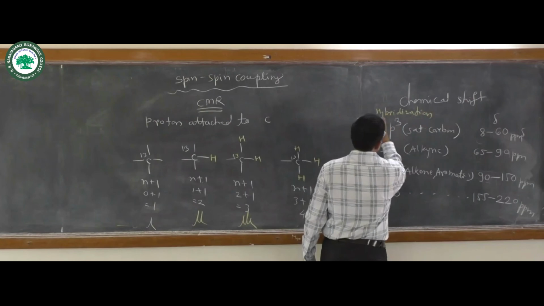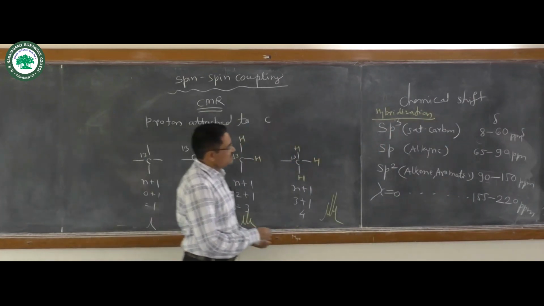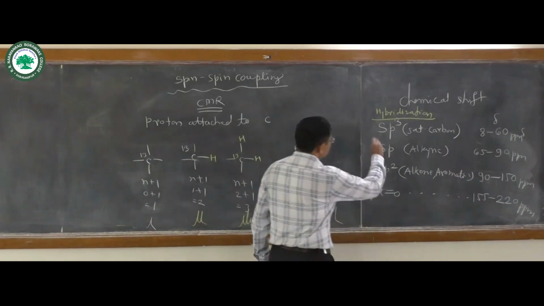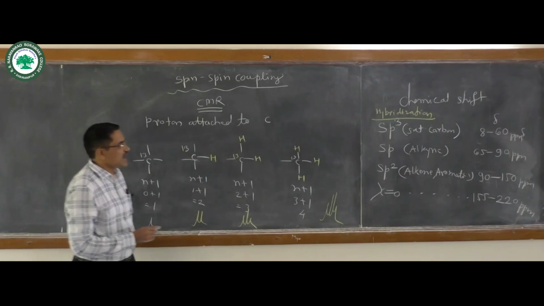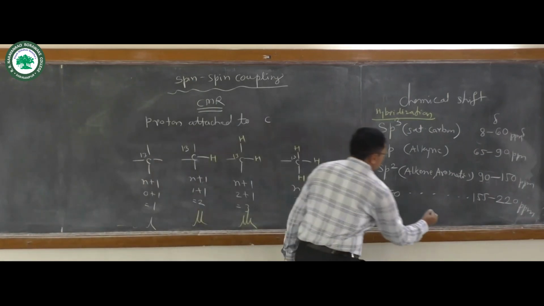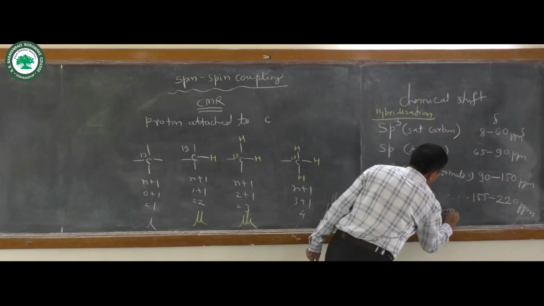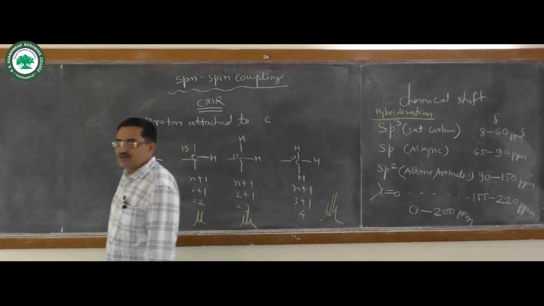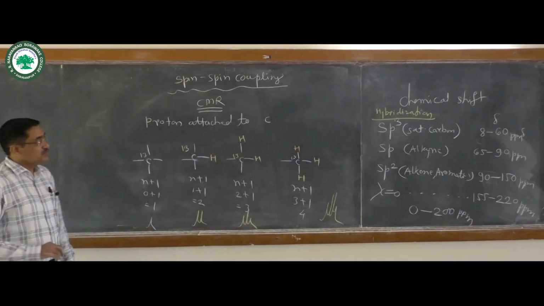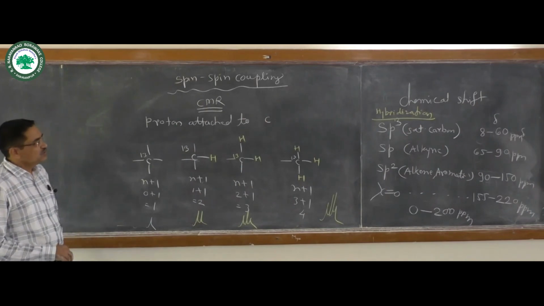And the major difference between PMR and CMR is that in case of CMR, the range is from 0 to 200 ppm, but in case of PMR, this chemical shift value is from 0 to 20.